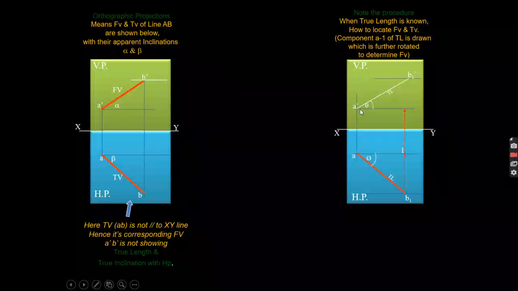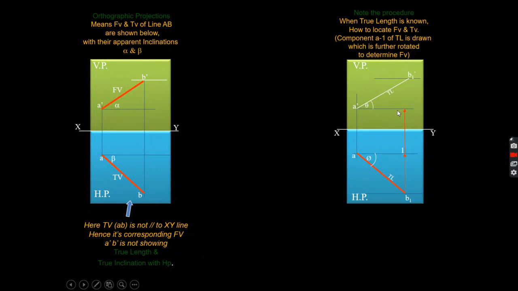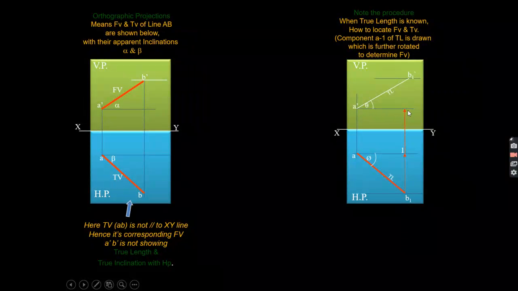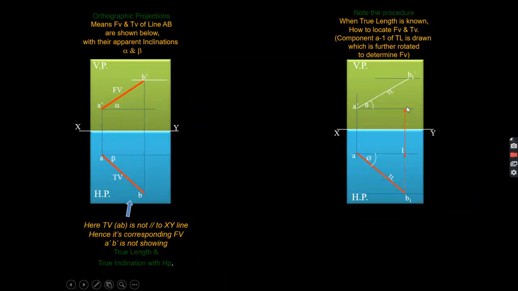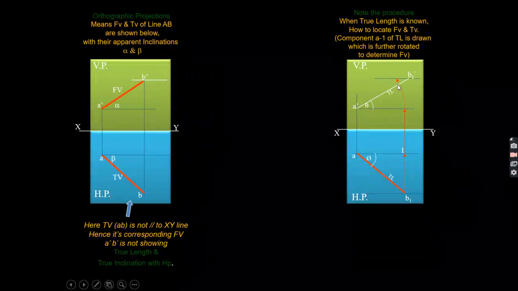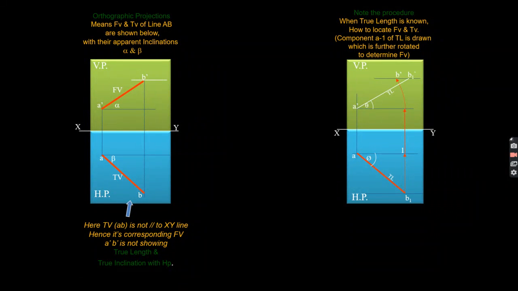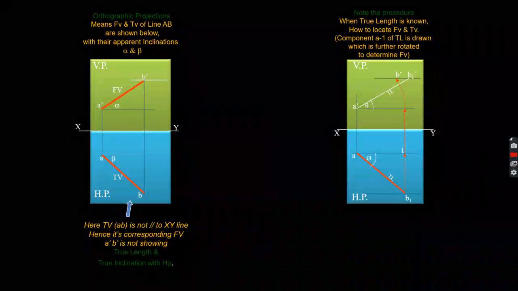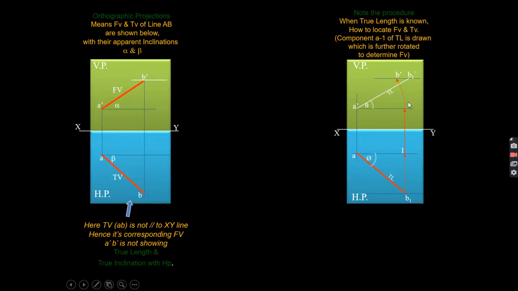I will mark the distance A dash B2 on the rounder, and I will cut an arc on this horizontal line. So this is the final position of the point B in the front view, and I will indicate it as the B dash.